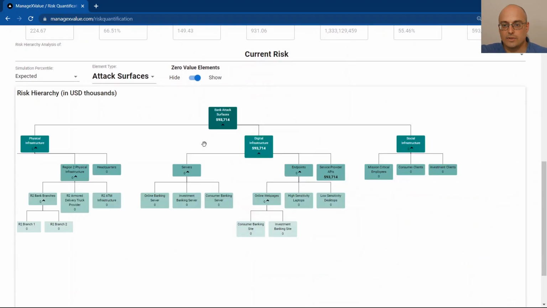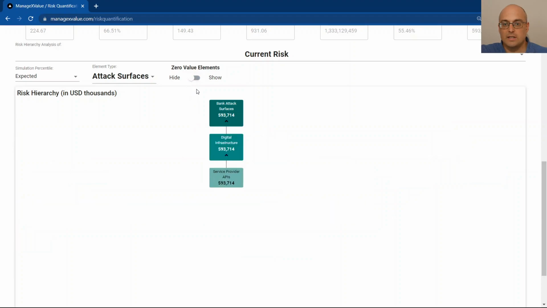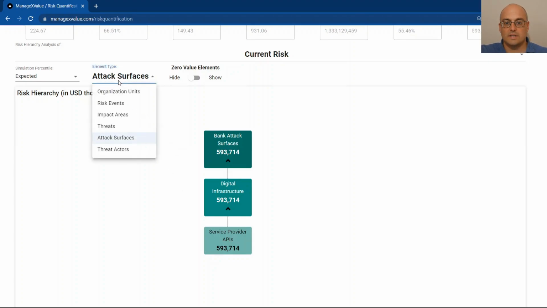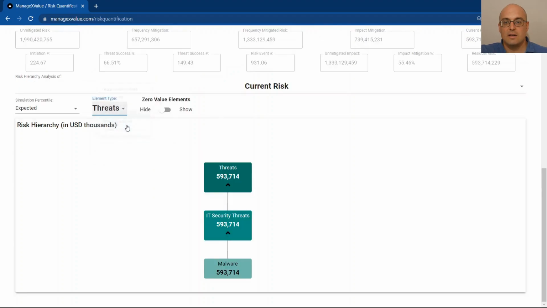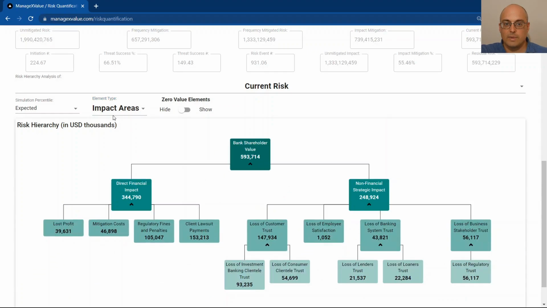Once we go back, you can see that a lot of areas became zeros, so eliminate those. That's not important for the purposes of the analysis. Obviously, from an attack surface perspective, now we only have the service provider APIs. From a threats perspective, we only focus on malware. From an impact areas perspective, there is still a lot of impact.